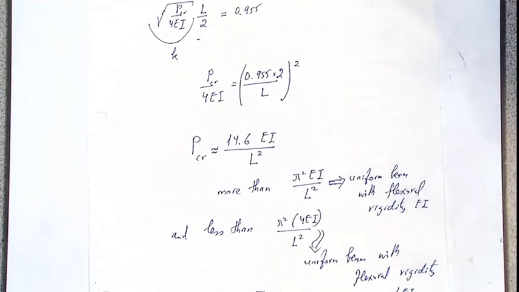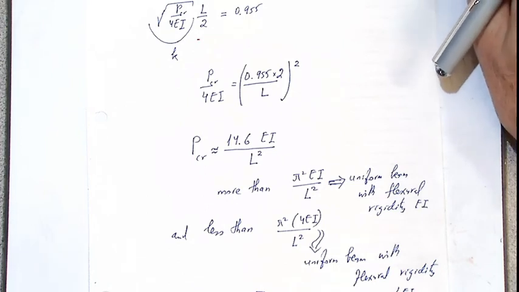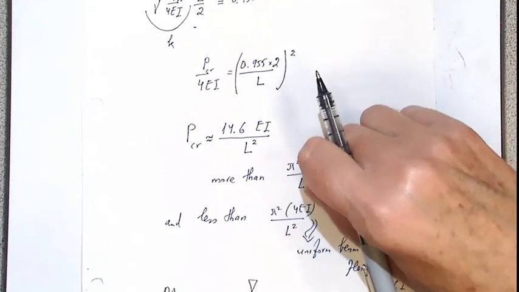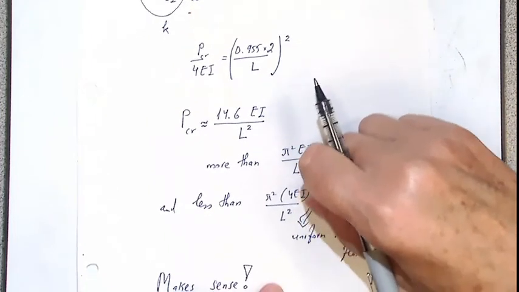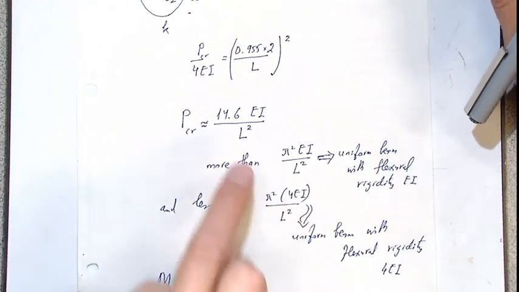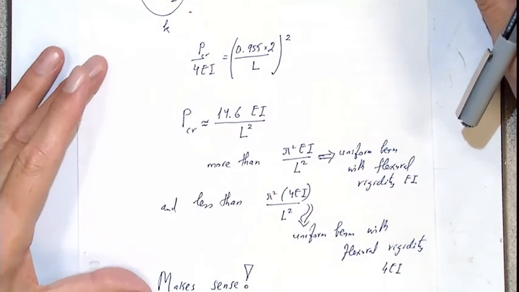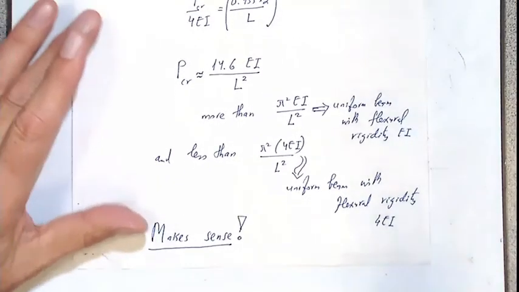So it is the value more than pi squared EI over L squared and less than 4 pi squared. 4 pi squared will be 40. Here is 14.6, not 40. Makes sense.